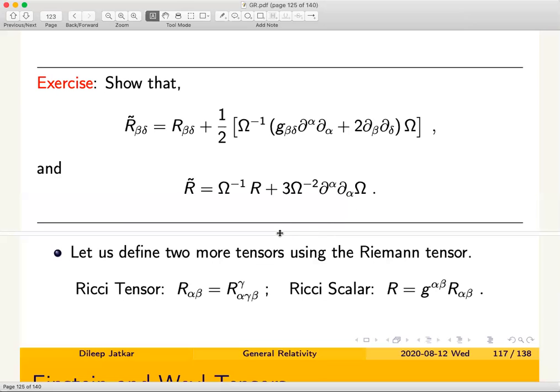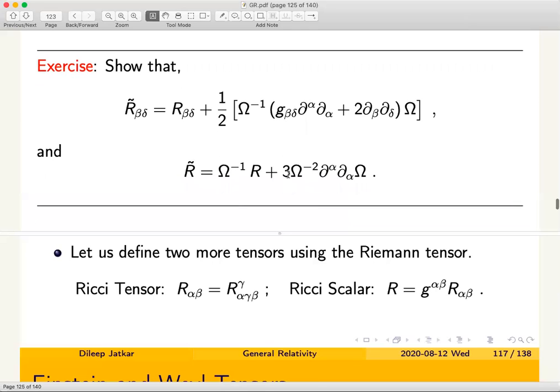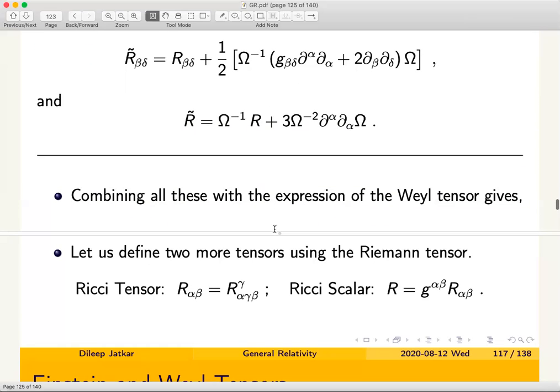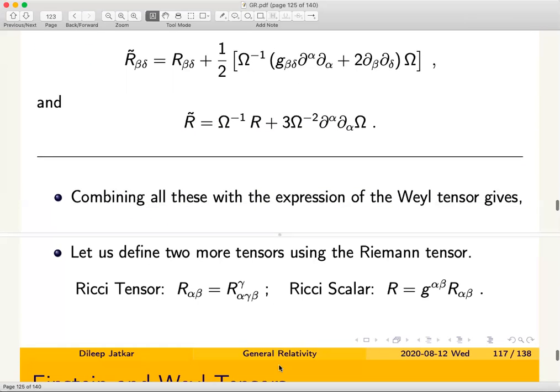Any questions about this? If not, then let's proceed.